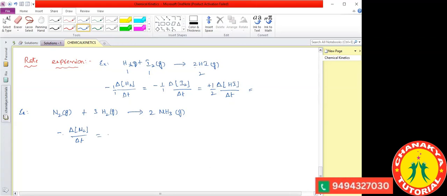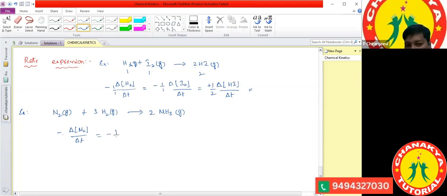So we write minus 1 by 3 delta H2 divided by delta t. And what is the stoichiometric coefficient of the ammonia?